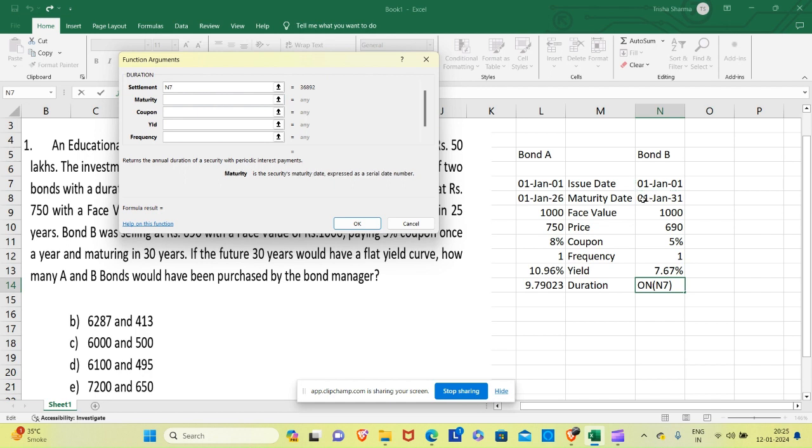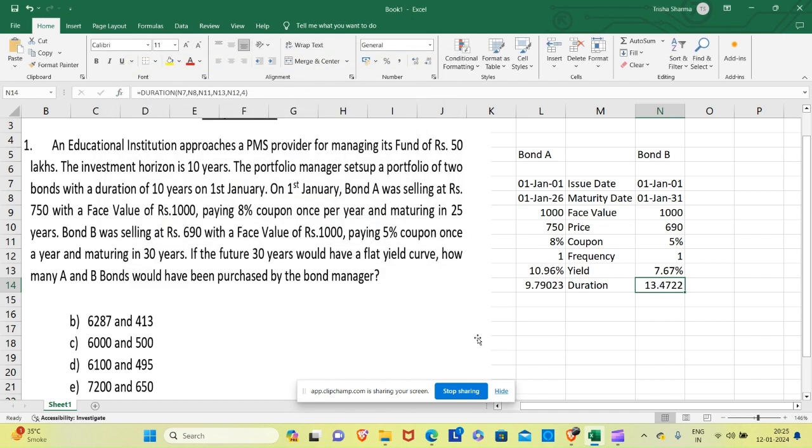We will put the maturity date here. We will write the coupon, which happens to be 5%. We will write the yield as 7.67, which we calculated. Frequency is 1. Remember, the payment is not semi-annual, it is annual. And then we'll write basis as 4. So we have now got the duration of the second bond.